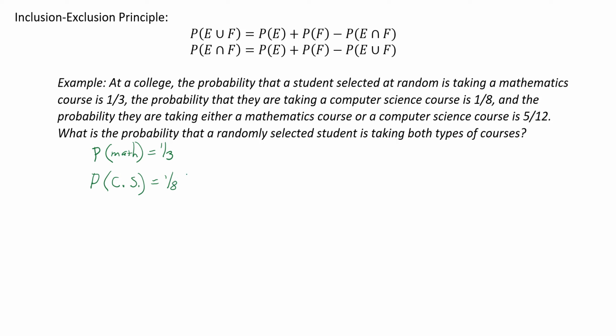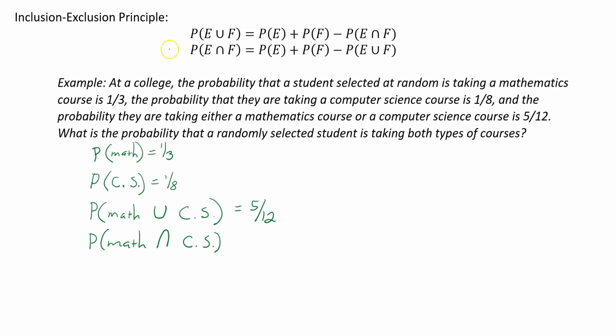So some of these computer science students are also taking a math course. And we know the probability that a student who is taking math or, which is union, computer science is 5/12. We want to know the probability that a student is taking math and, or intersection, computer science.